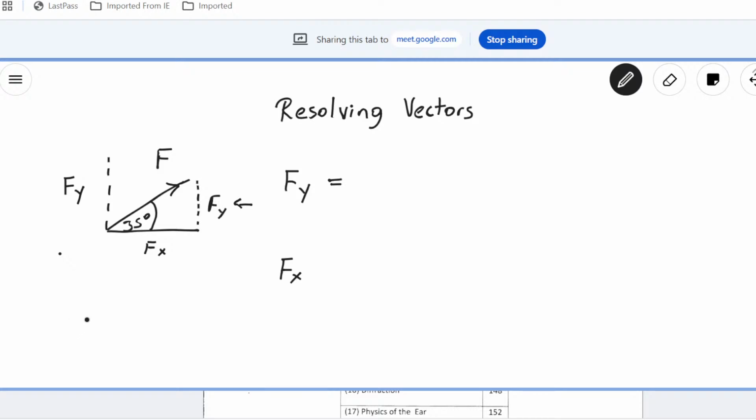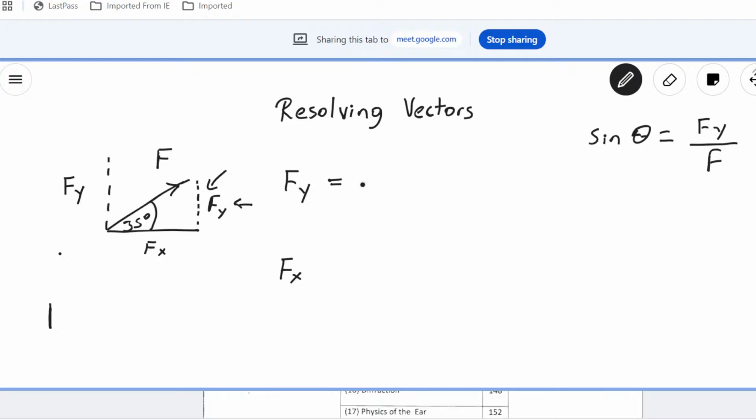If you're trying to find Fy, that is opposite to the angle, so sine theta equals opposite, that's Fy, over hypotenuse, which is F. So this is where it comes from.